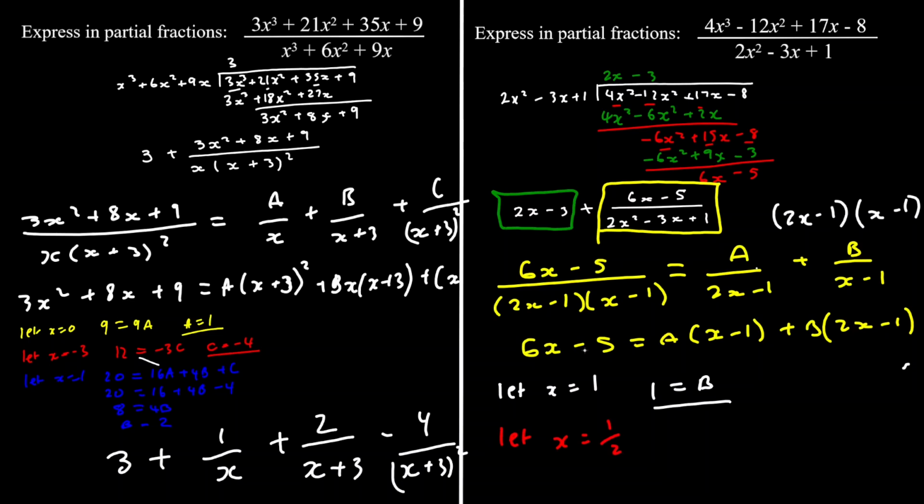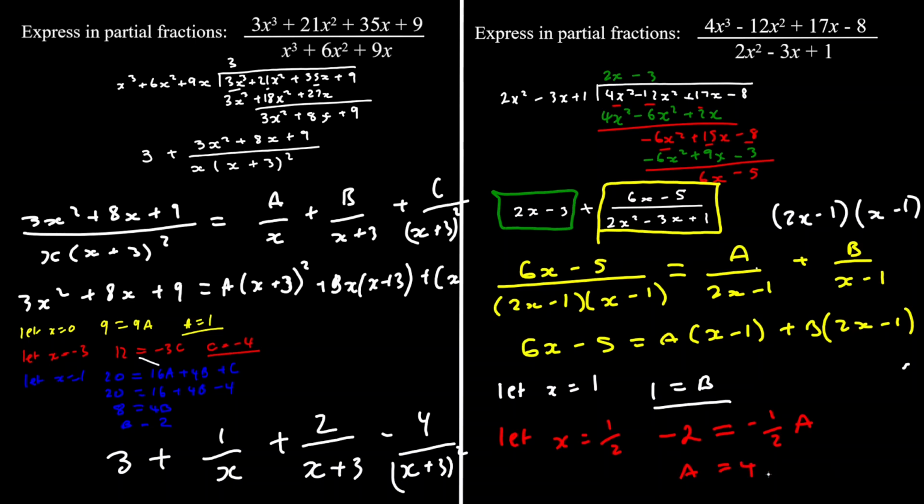So 6 halves, 3 take away 5, negative 2 equals minus a half of A. So a half of A is 2, A is 4.